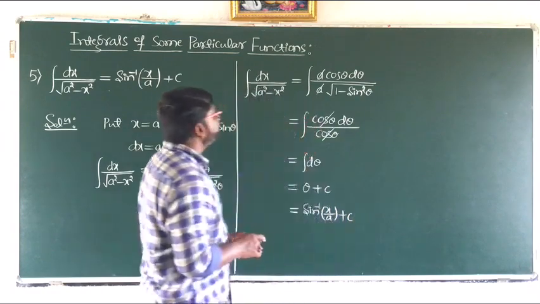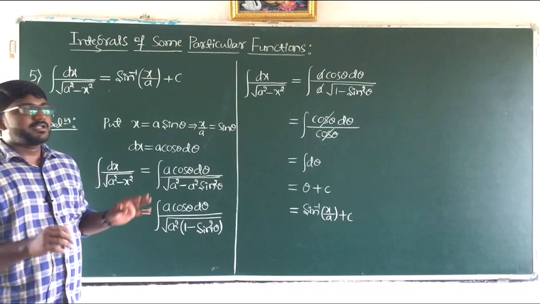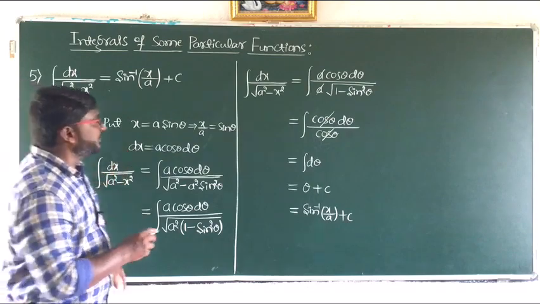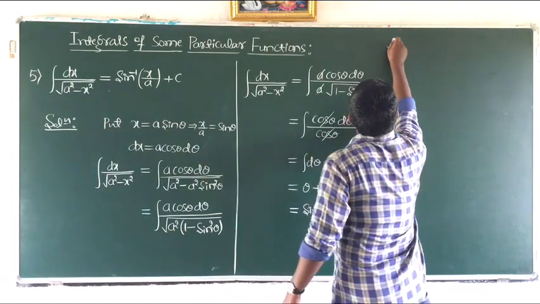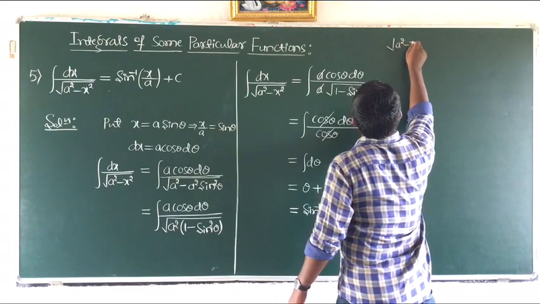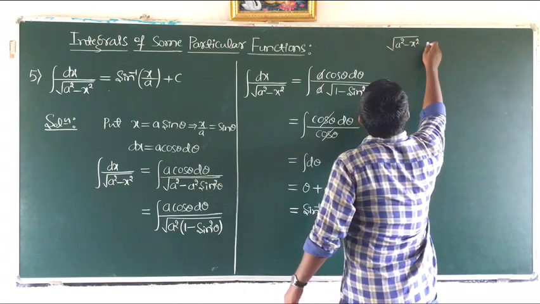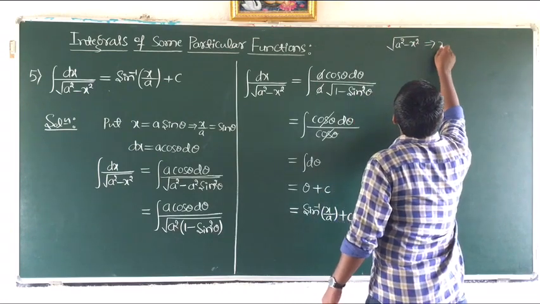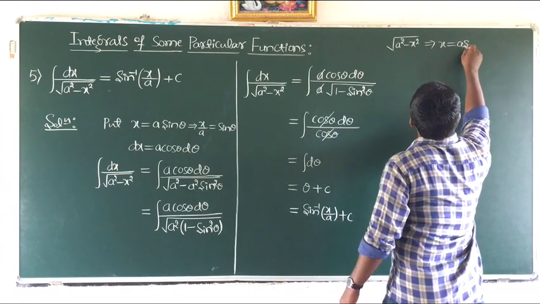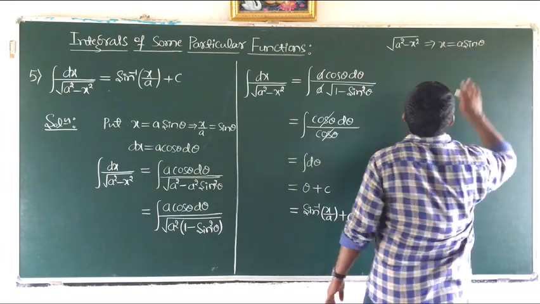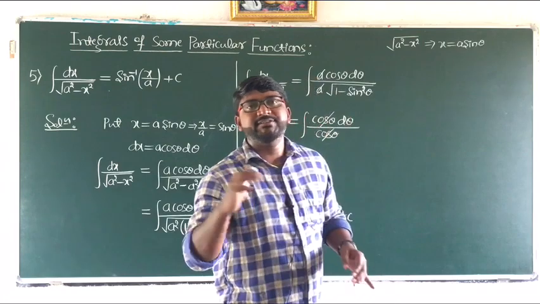So remember one thing, don't get confused about the substitution. Whenever you have under root a square minus x square, go for the substitution x equal to a sin theta or x equal to a cos theta. It depends on the situation.